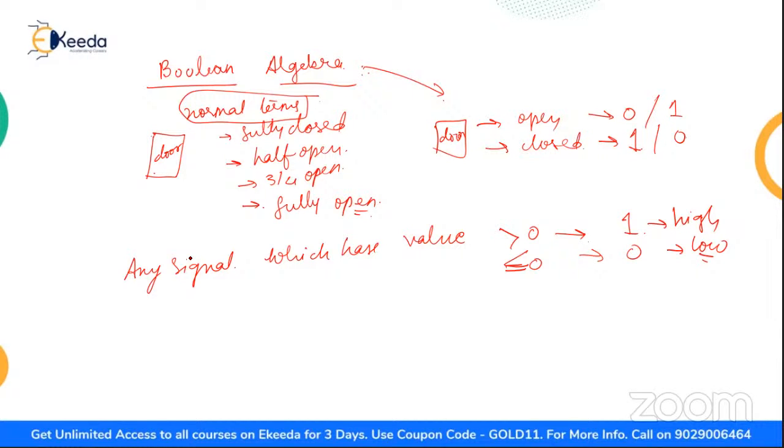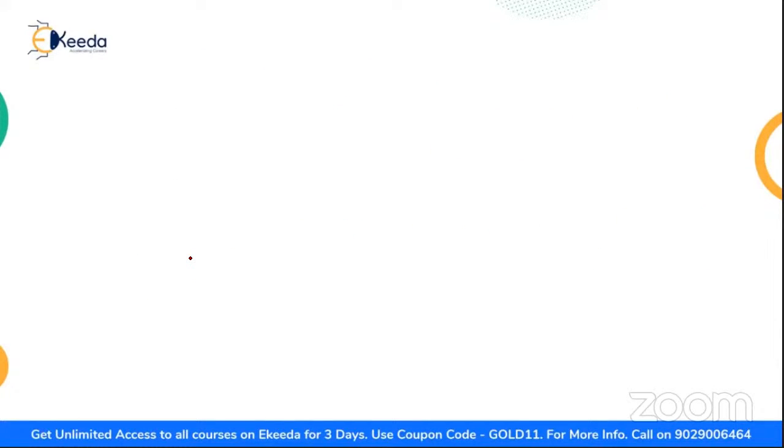Okay, so this is the crux of Boolean algebra. So we have got a variable. Suppose we have got variable a. Its complement is a bar. It is denoted as a bar, or you can say over bar.